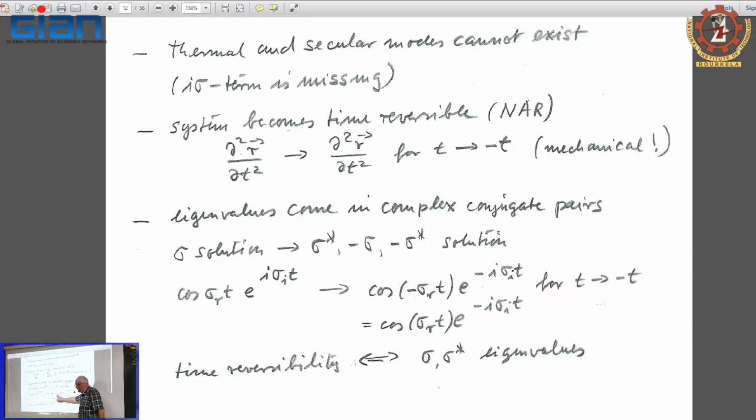Cosine is symmetric, so cosine of minus sigma_r t is equal to cosine sigma_r t, and here we have e to minus i sigma_i t.